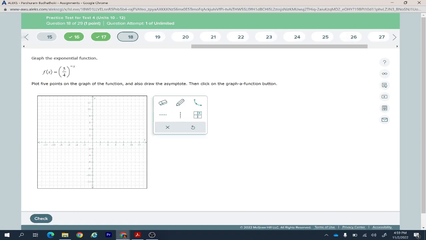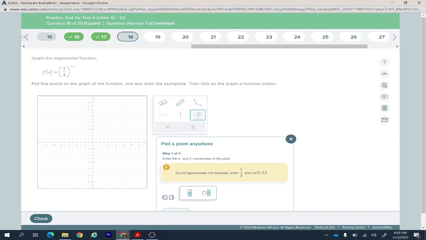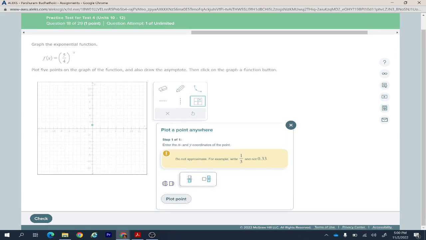Graph the exponential function. As you can see here, this has a negative exponent and 5/4 is greater than 1. You can find some points. For example, if you put x equal 0, then the value of the exponential function is always 1. So that's the first point I would start with.